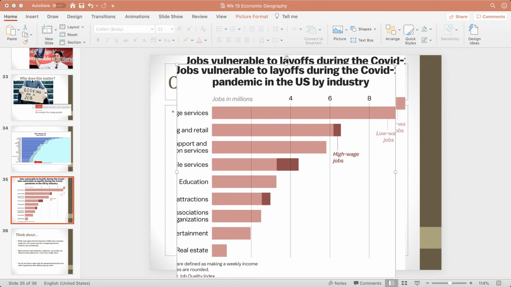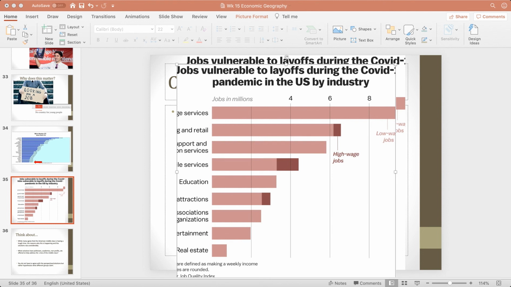So food and beverage... So these are jobs vulnerable to layoffs during COVID. A lot of service jobs and a lot of low-wage jobs. Like automobile services, and these are services, not making the cars. They're like your mechanic, essentially. But supporting the accommodation services, clothing and retail, food and beverage, education, travel, of course, sports, entertainment, real estate.